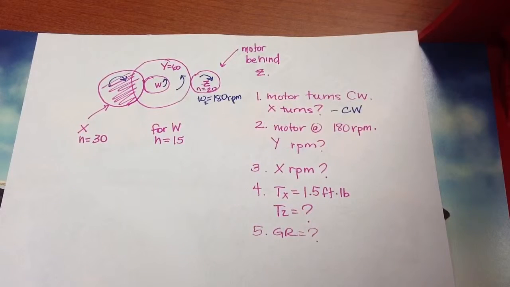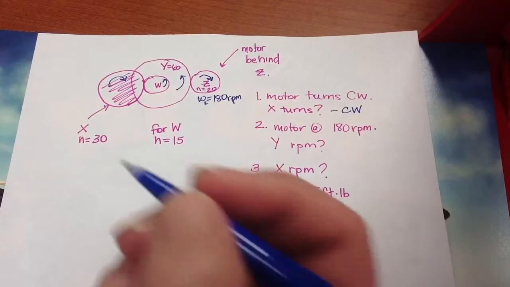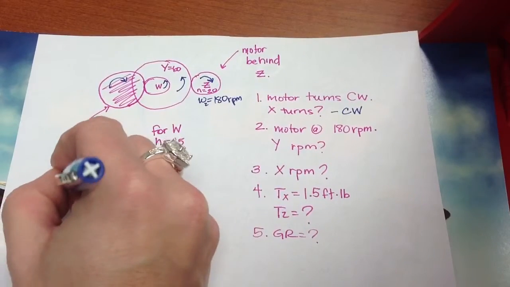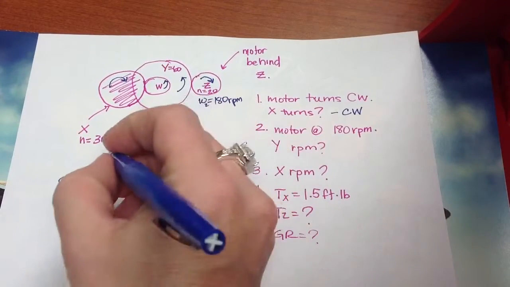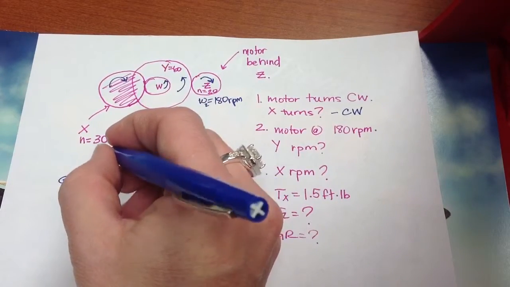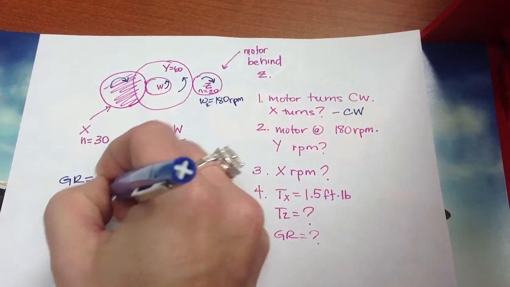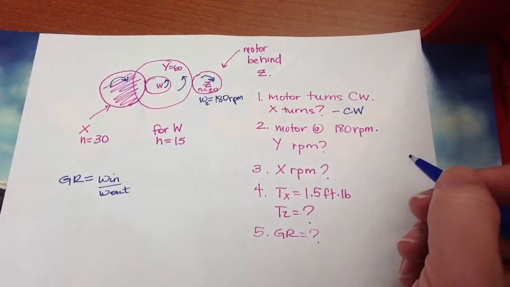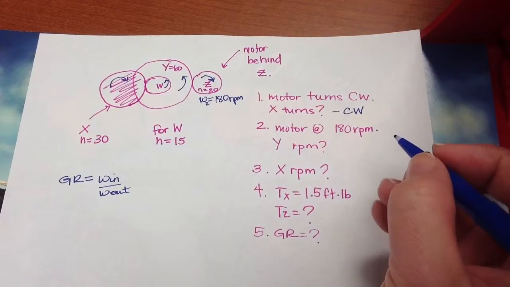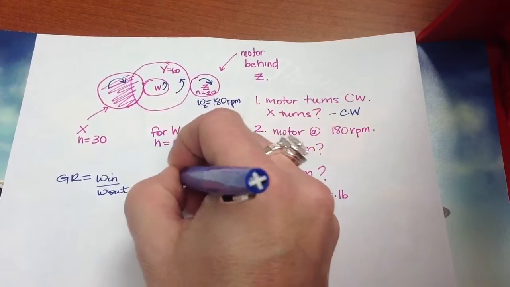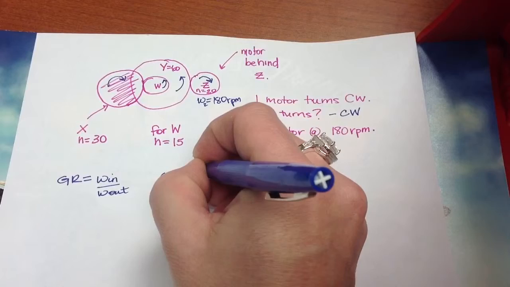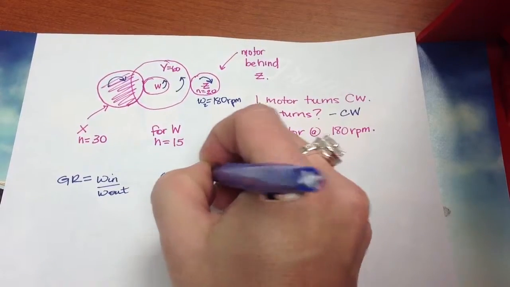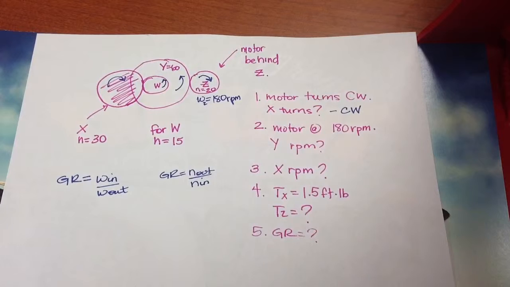So remember, the gear ratio is equal to the input speed over the output speed, right? And what else is the gear ratio equal to? It's equal to N out over N in, right?